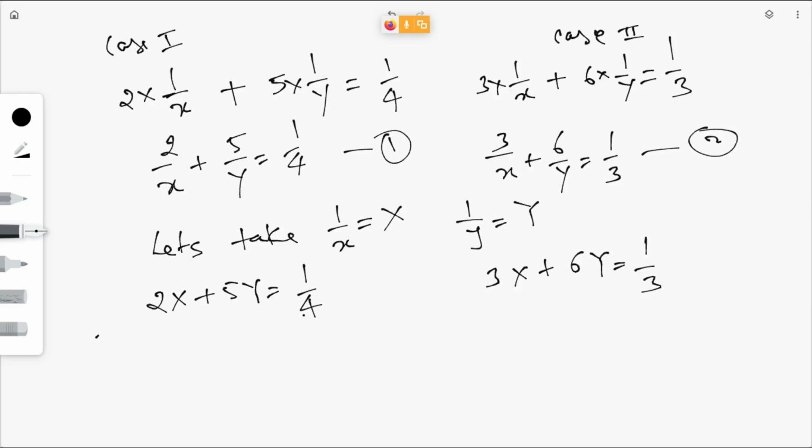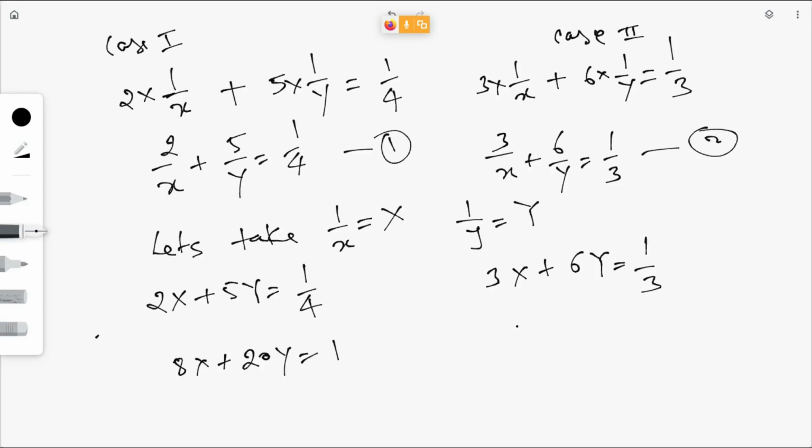So how to remove this fraction here? If I keep it as it is and then solve, we still get an answer. Otherwise you can just multiply the whole equation by 4 here and the whole equation by 3 here, right? If I multiply the whole equation by 4, I will get 8X plus 20Y is equal to 4, and 4 and 4 will cancel out, so I will be left with 1 here.